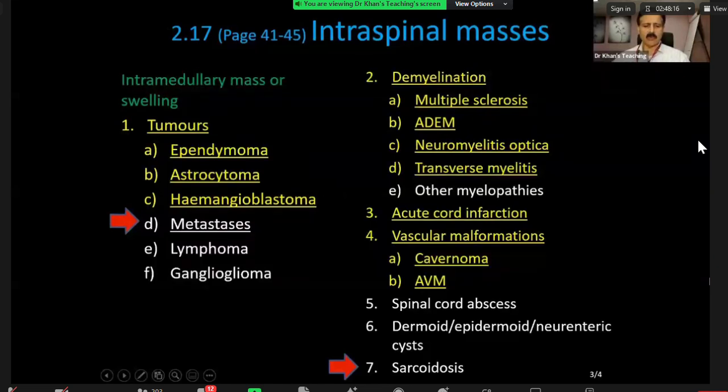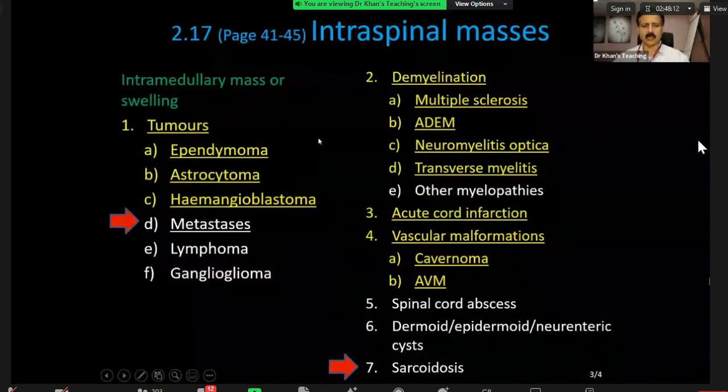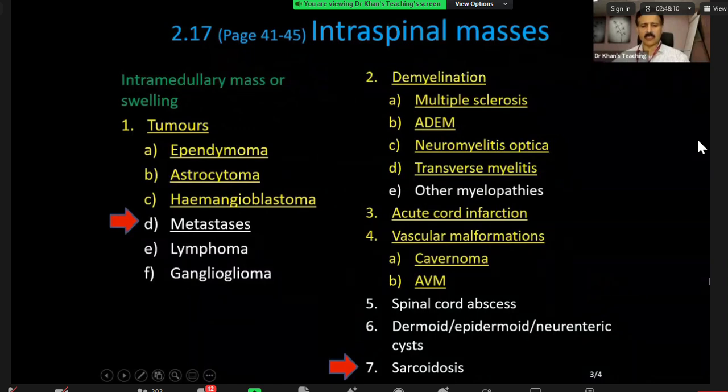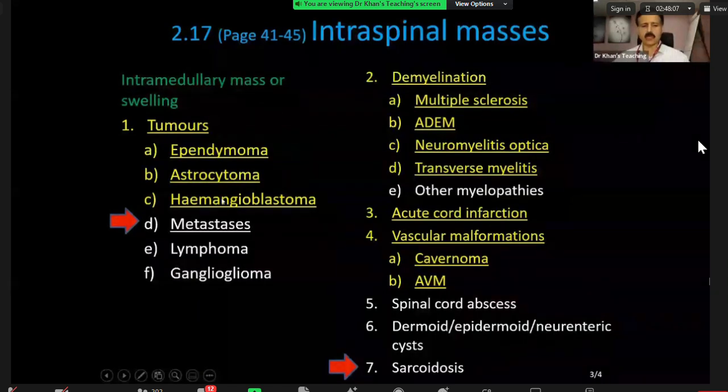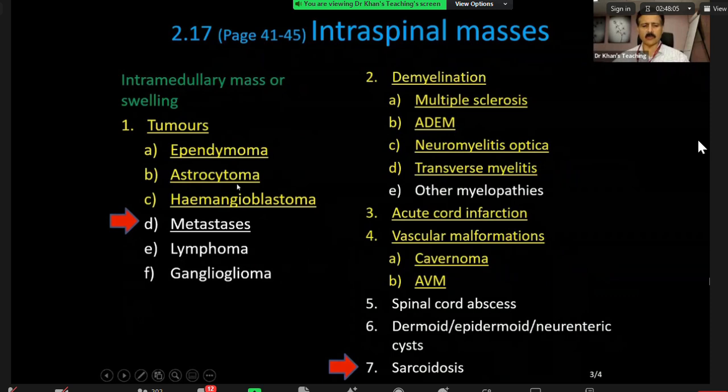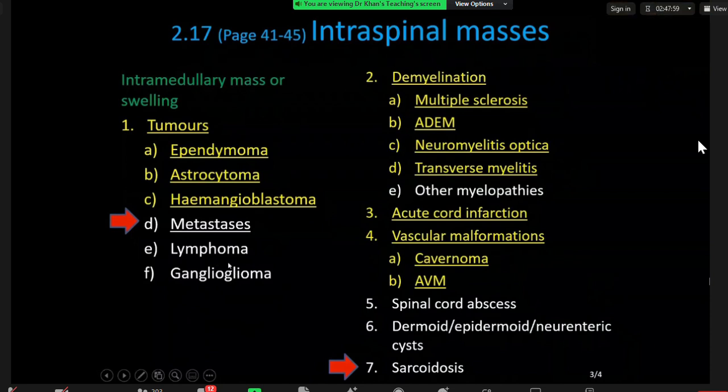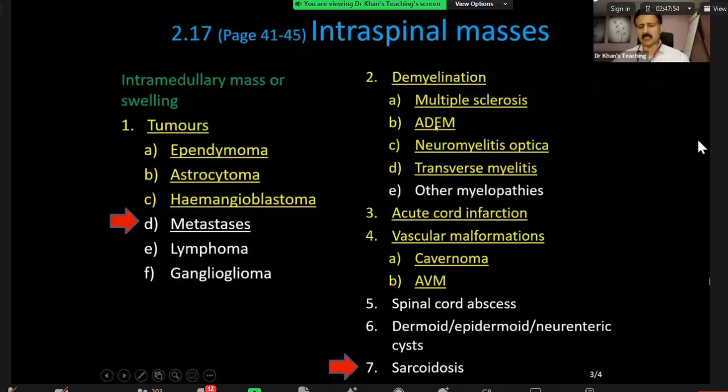Our main curriculum today will be intramedullary mass or swelling. Here, ependymoma, astrocytoma, hemangioblastoma are the top three differentials. Metastasis is there, lymphoma is there, ganglioglioma is rare, so from a 2B perspective you can forget it. These things are important.